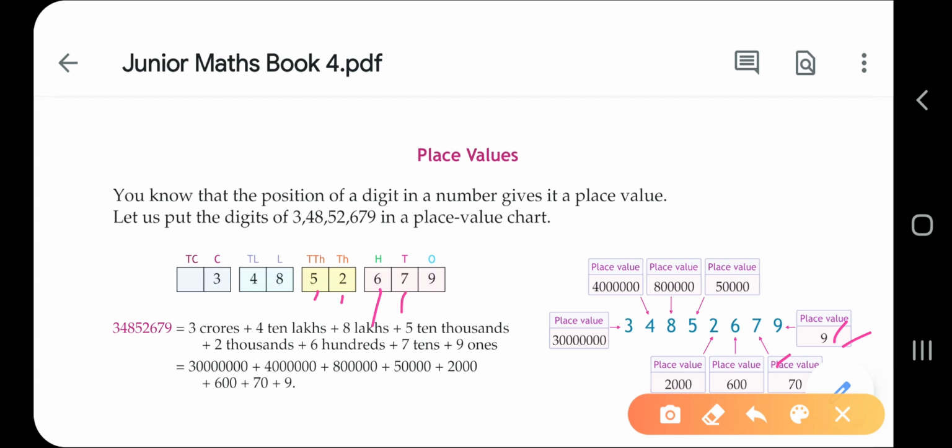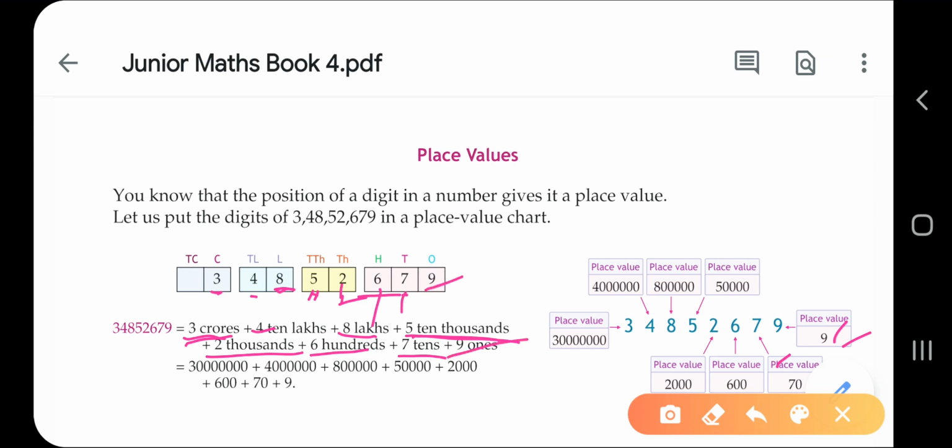This is one more method. You can write these numbers like 3 crore, because 3 is on the crores place, so we write 3 crore in words, and 40 lakh, because 4 is on the 10 lakh place. Then 8 lakh, because 8 is on the lakh place, and 50,000, because 5 is on the 10,000s place. 2 is on the thousands place, 6 is on the hundreds, 7 is on the tens, and 9 is on the ones.